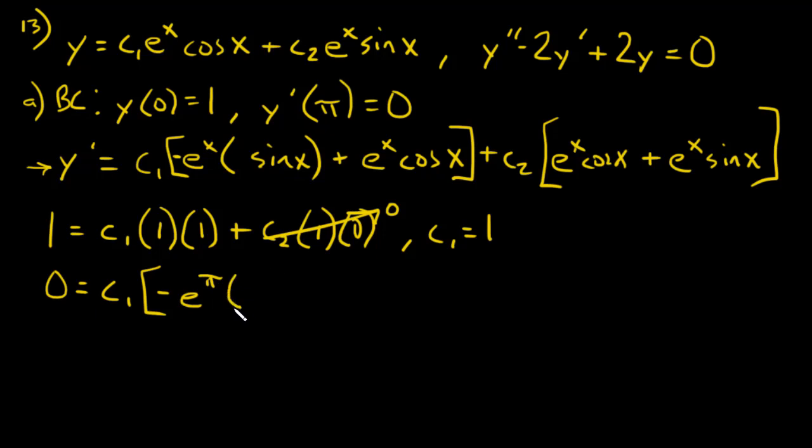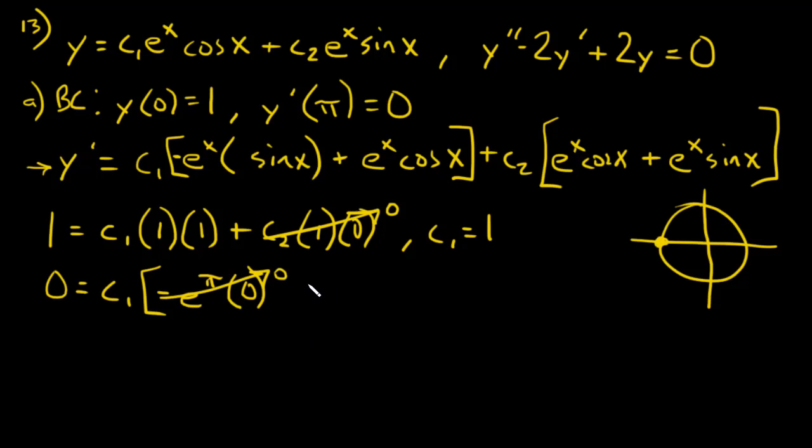But what is sine pi? Well, if you look at your unit circle, where's pi? Pi is over here. What is the y value there? That is a 0. So this whole term is going to go to a 0. And then I'm going to have plus e to the pi times 1. Okay, so that takes care of that.